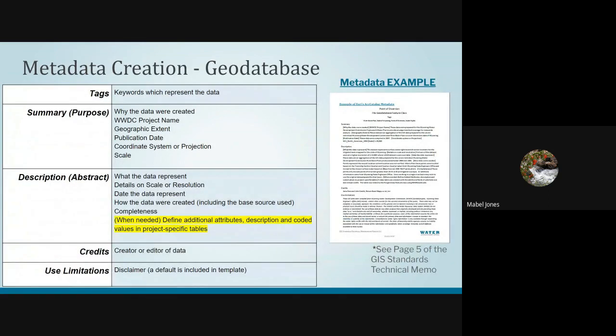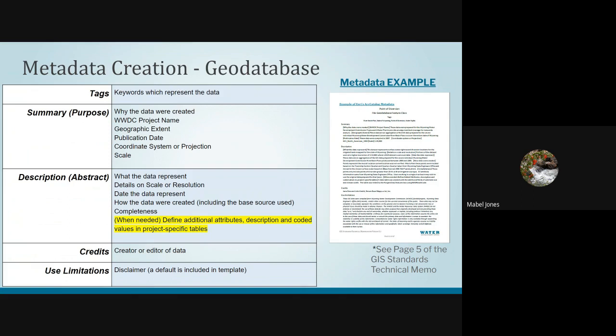When it comes to metadata, many of our past projects are lacking metadata, but metadata is extremely important. There are several places where you can find out exactly what we are looking for. In section 2.1 of the GIS standards, you'll find the table shown on this slide that outlines each section and their components.